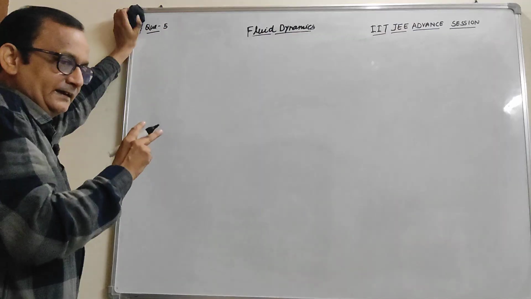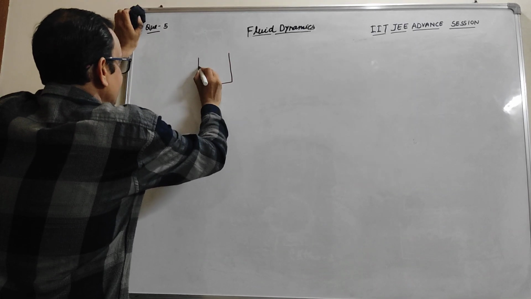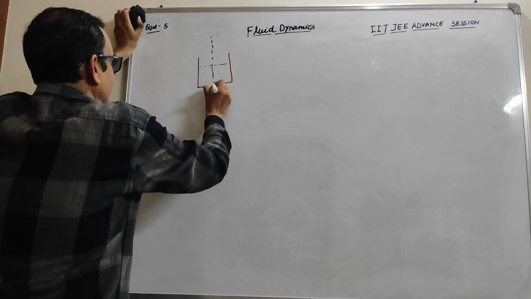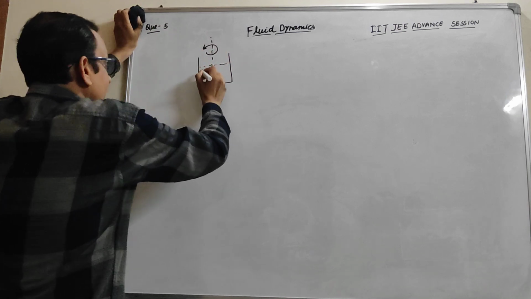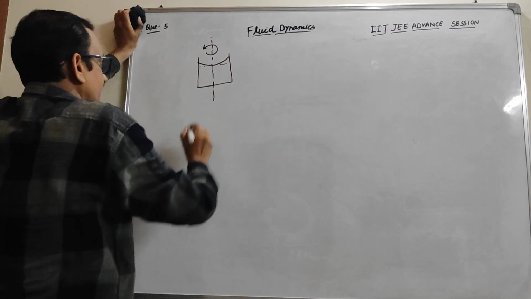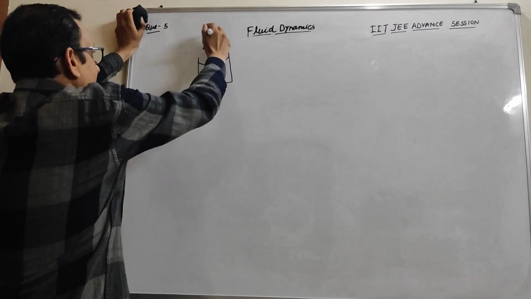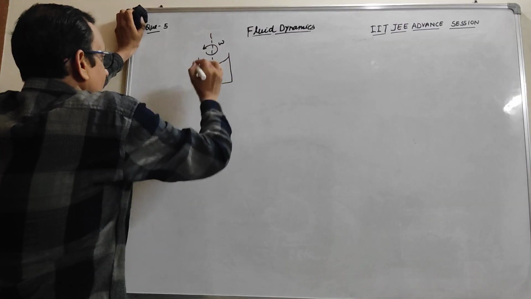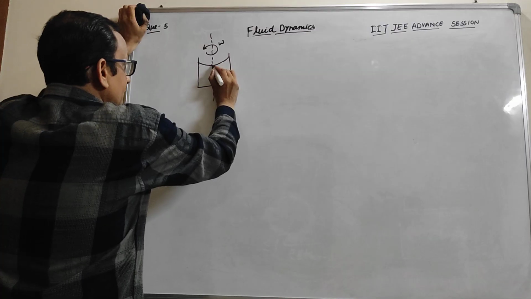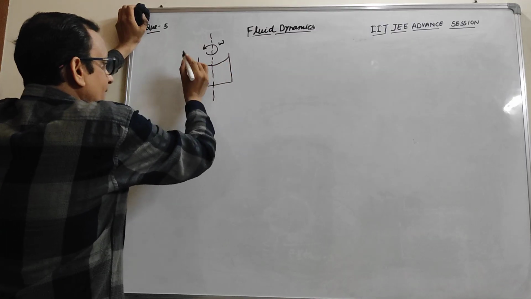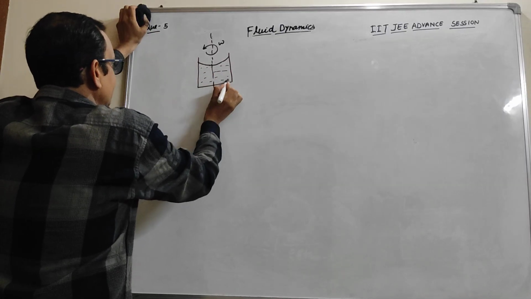Suppose here a beaker with liquid and this is the vertical axis. When this beaker rotates about this axis with angular velocity omega, the shape of the fluid will be this type. When this frame is rotating, it has some liquid like mercury.